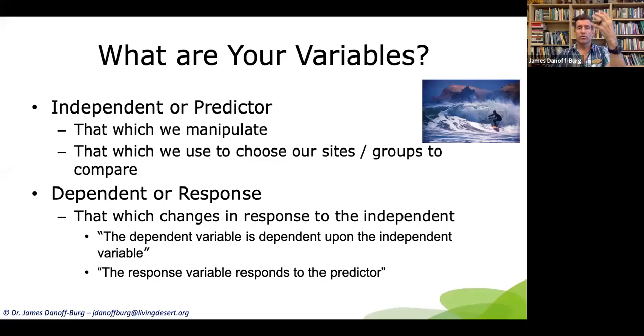What is your predictor variable, the thing that we are manipulating, the variable on which we choose where we do our studies: compare this farm to that farm, or this area of the country to this area of the country, or men versus women, or older men versus middle-aged men versus younger men versus very young boys in terms of something, right?